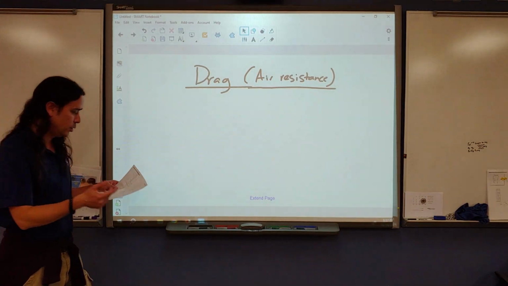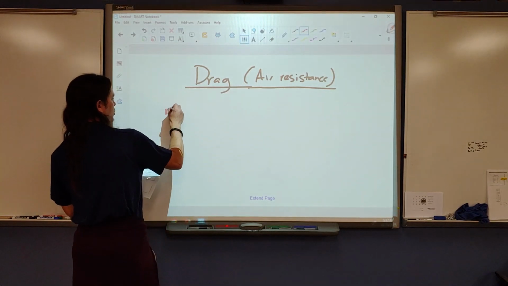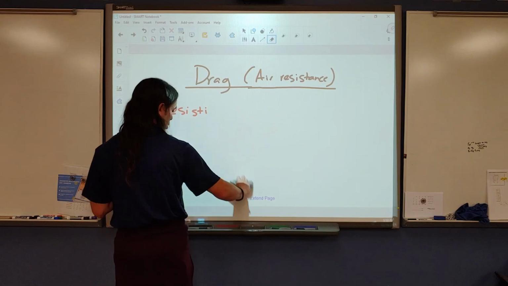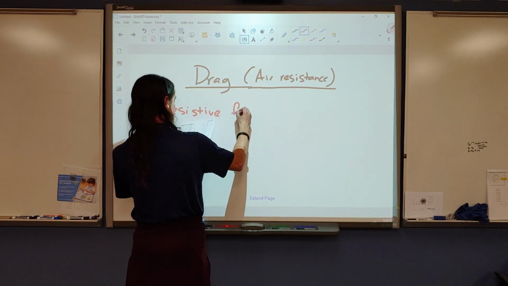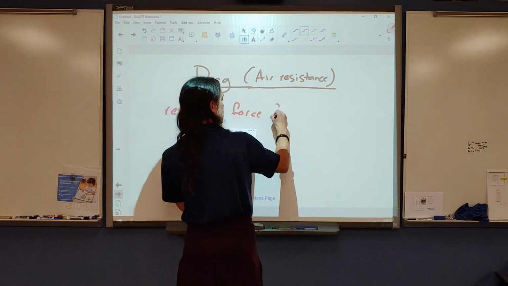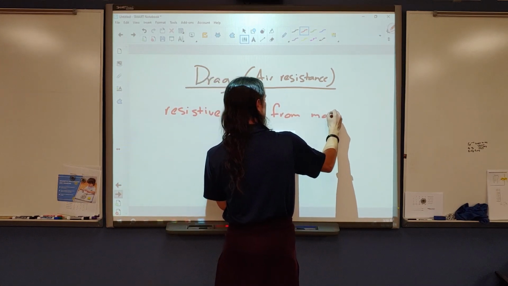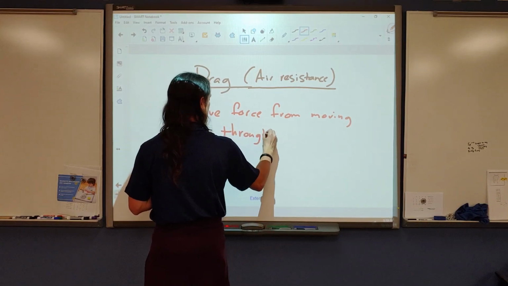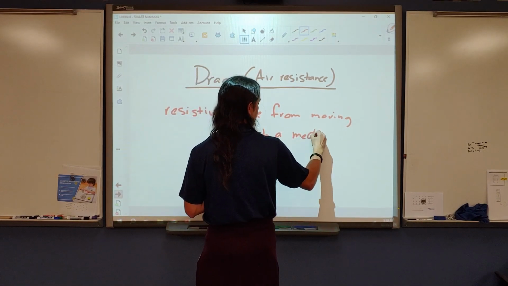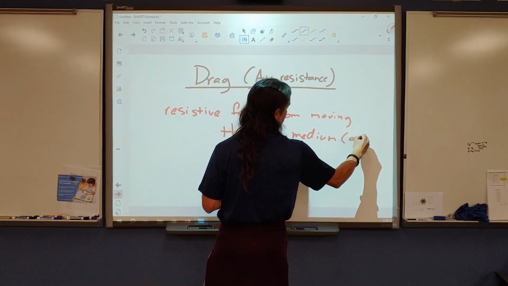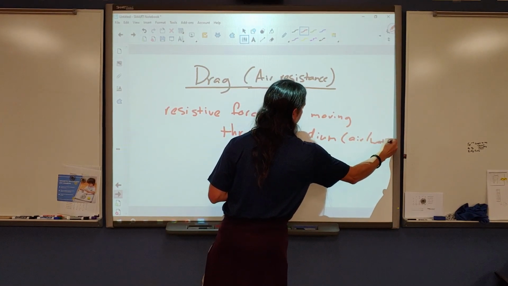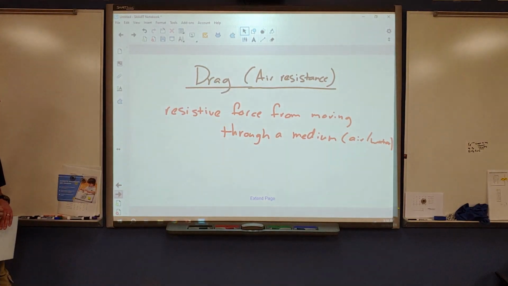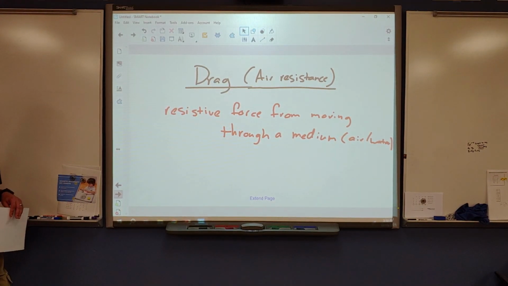So in this case, a broad description of this would be a resistive force from moving through a medium, is the technical term. For us, that basically means air or water. Those are the main ones that you end up seeing, or they'll just say it's a resistive force and give you a function of it if you have to do calculus.